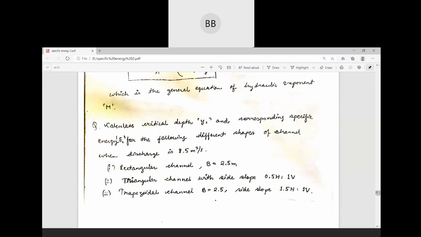This is the last numerical. We are going to complete this numerical with this class, and in the next class we are going to start our new unit, that is unit number 4, gradually varied flow. So you write down the question. We are going to consider only these two, rectangular channel and triangular channel.